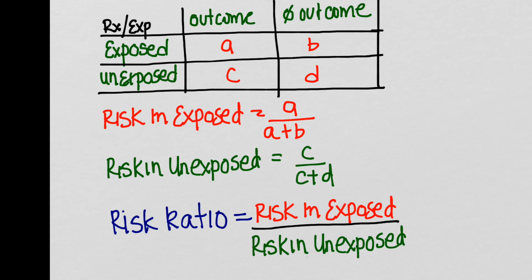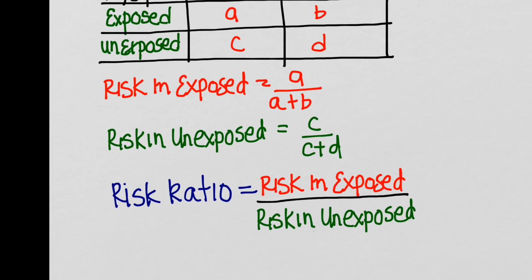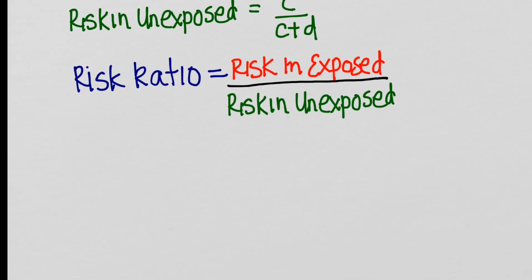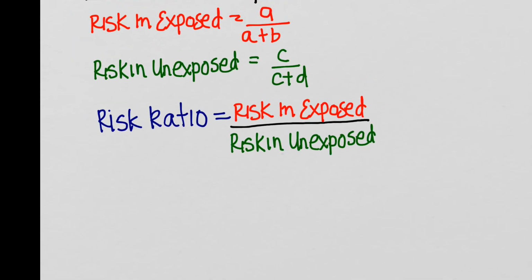However, just like with odds ratio, if we want an actual ratio, we have to calculate the risk ratio by taking the risk in the exposed group as calculated here, divided by the risk in the unexposed group as calculated there.